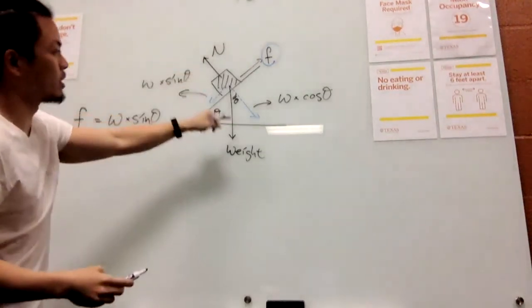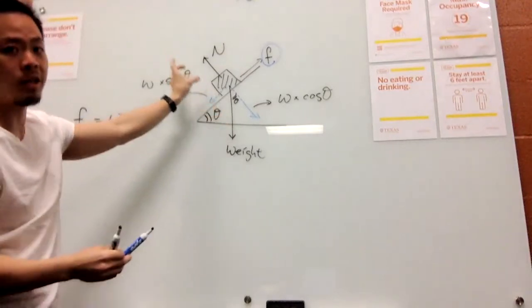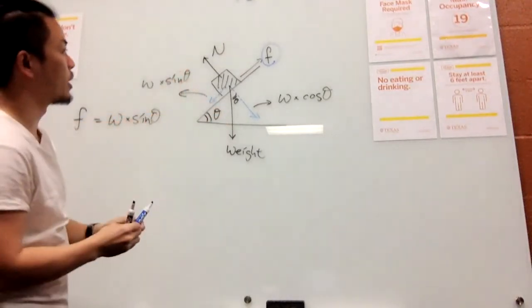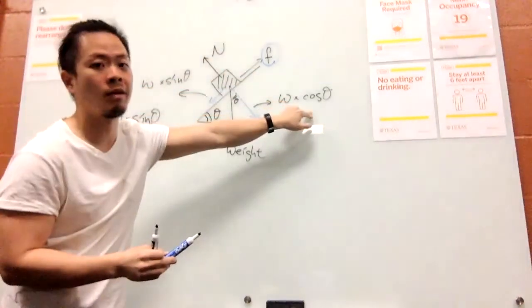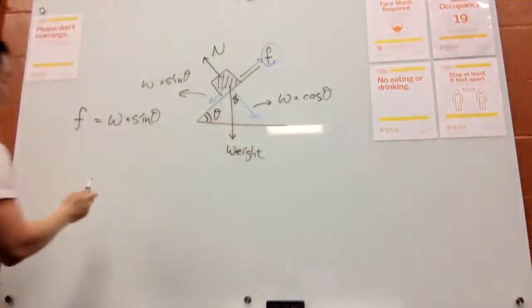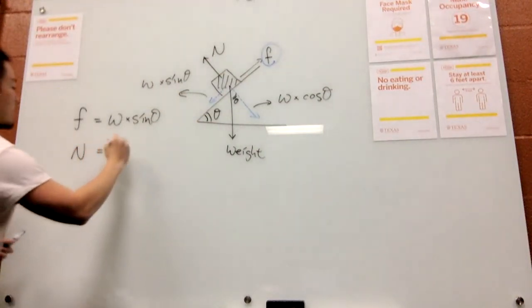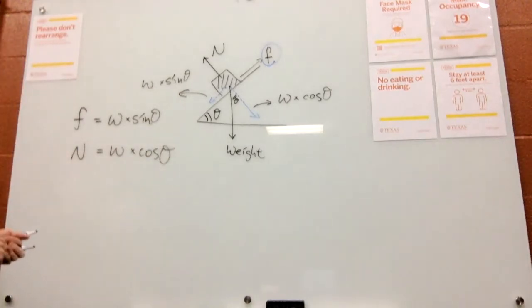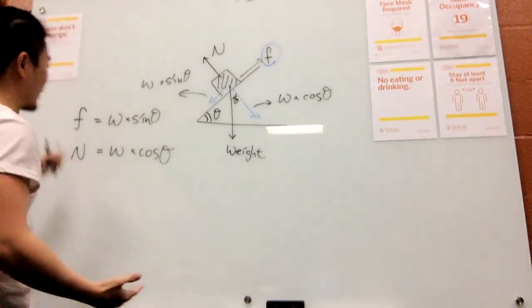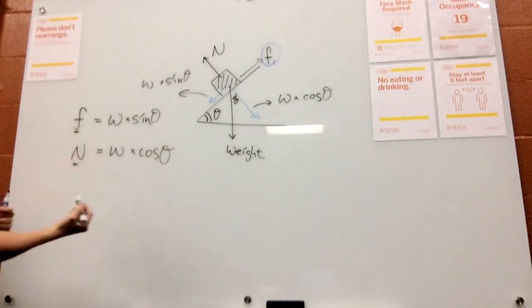And how about on this direction? The block is not sliding in the direction perpendicular to the surface, right? So actually, the normal force is the same as weight times cosine theta. So we have normal force equals weight times cosine theta. So we got these two: we got the friction, we got the normal force.